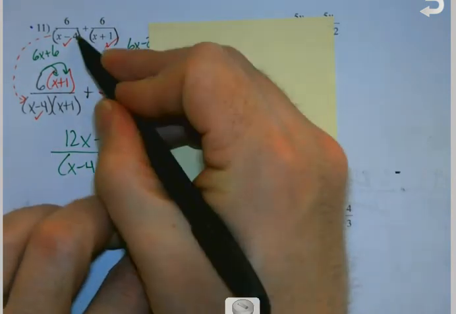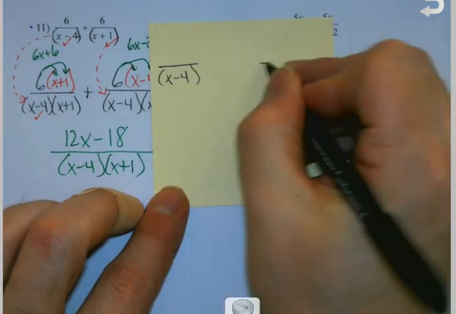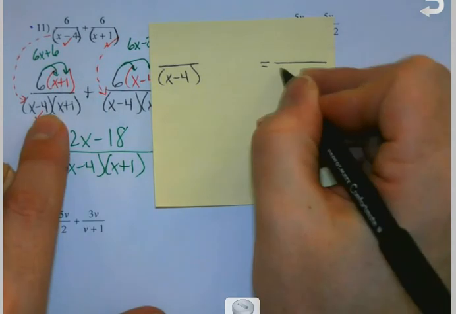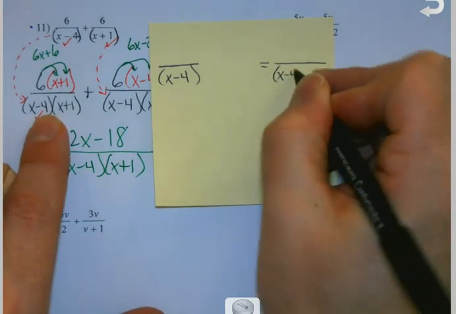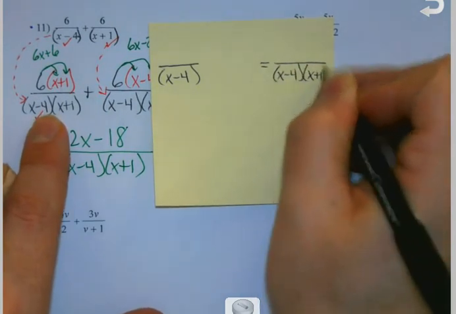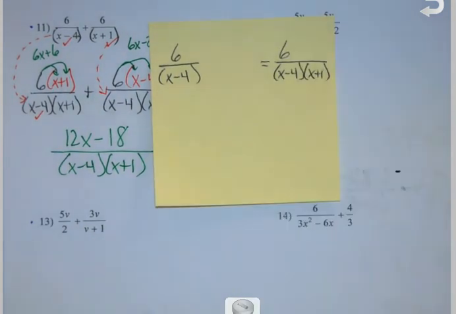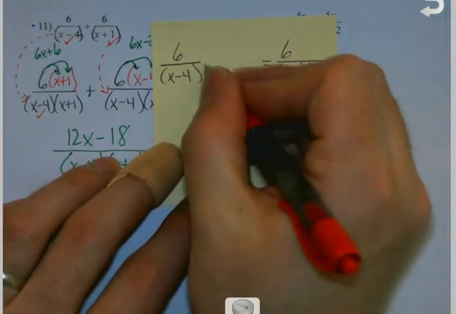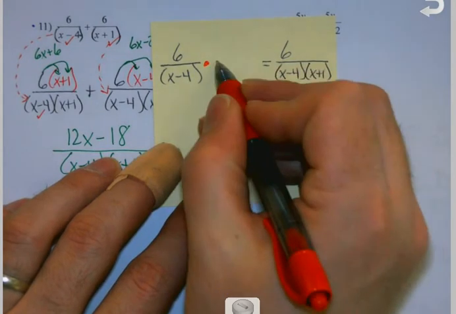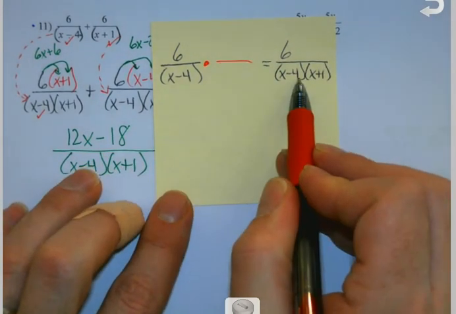Here's my original denominator. My job at the end is to get it looking like this. So the question becomes, what do I have to times this initial fraction by to get out to here?